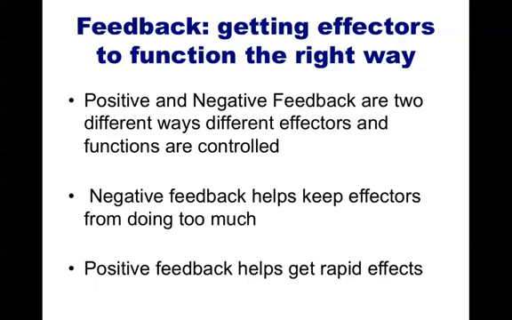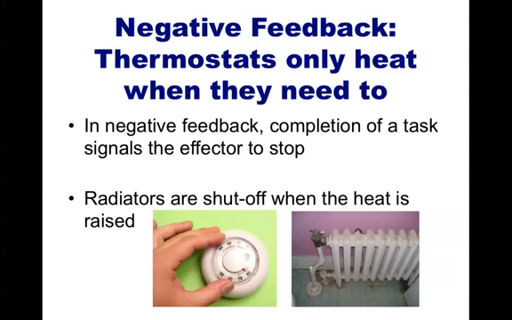Most of the examples we've talked about so far, and in fact most of the examples you'll see in the human body, use negative feedback. Negative feedback mechanisms are common in our body, as it helps get the result needed without wasting energy or overshooting the mark. Even the example of a thermostat and a radiator mentioned earlier in this video is an example of negative feedback.